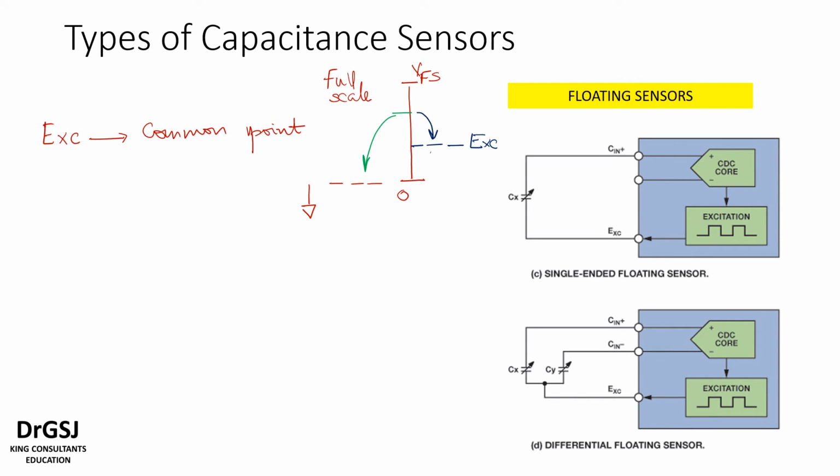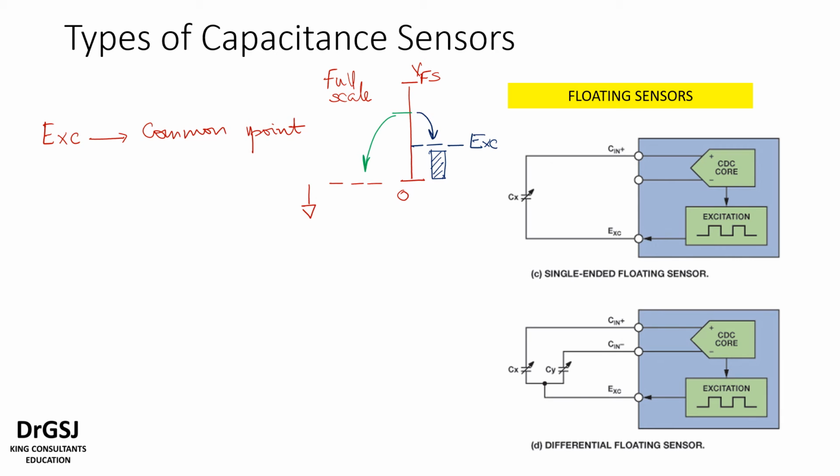Now, what happens to this voltage in a floating sensor? This voltage is not going to be used, and this can be either calibrated out or nullified and taken care of. So these are the two different ways in which a floating sensor works and how a grounded sensor works.